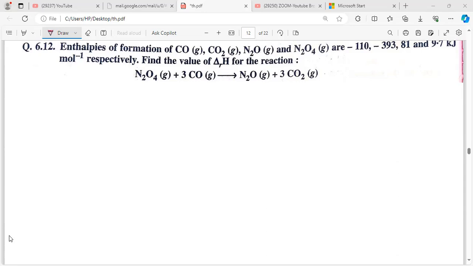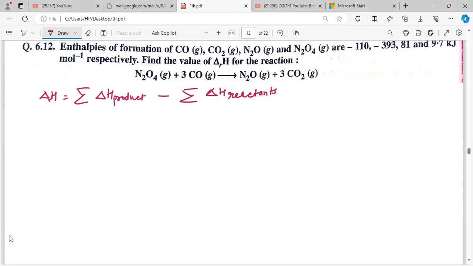Otherwise, see, this can be done like that. Delta rH, the enthalpy of reaction, is equal to summation of delta H of product minus summation of delta H of reactant. This is the formula: the enthalpy released in the formation of product minus formation of reactant.